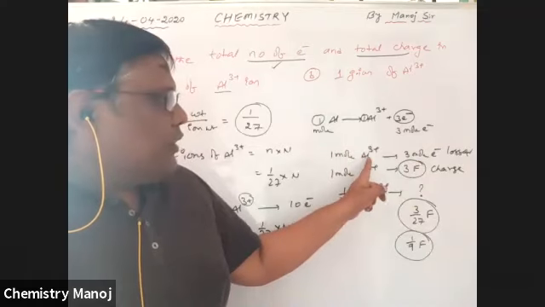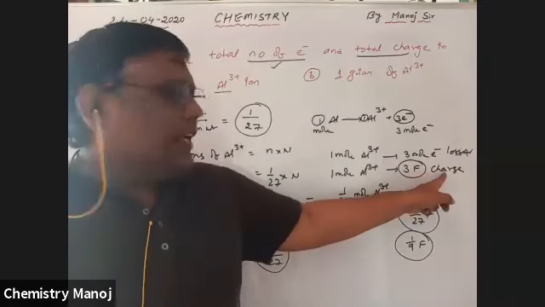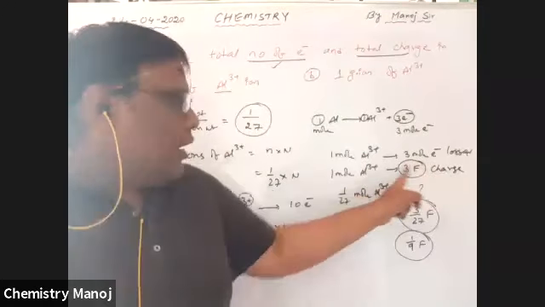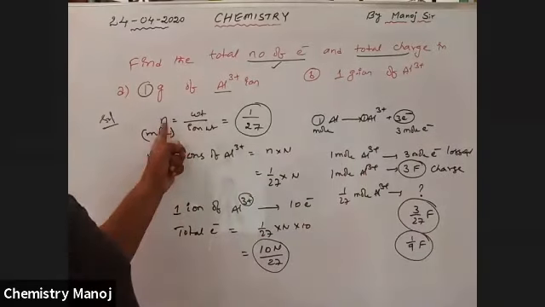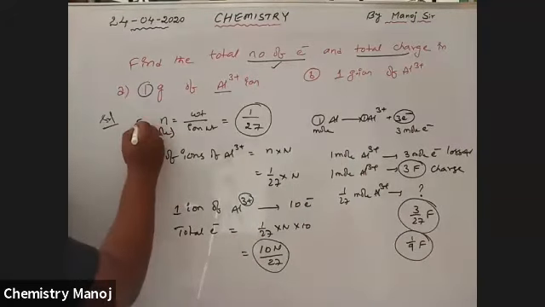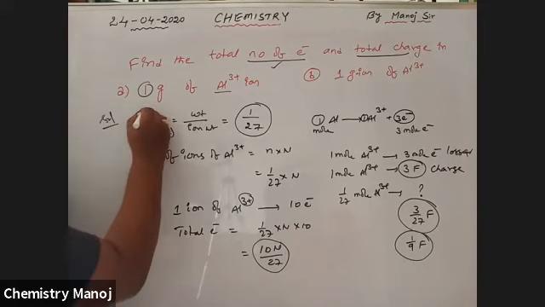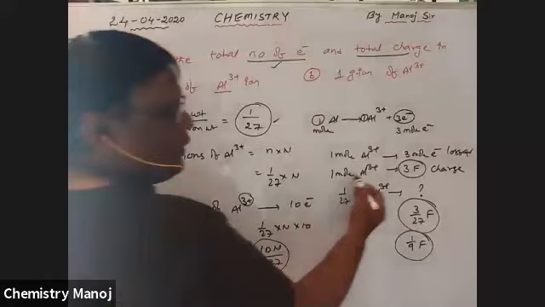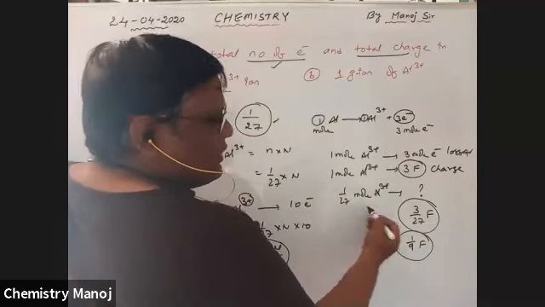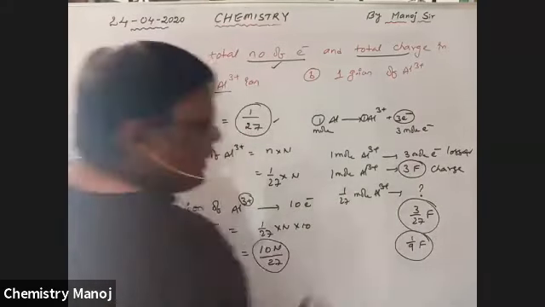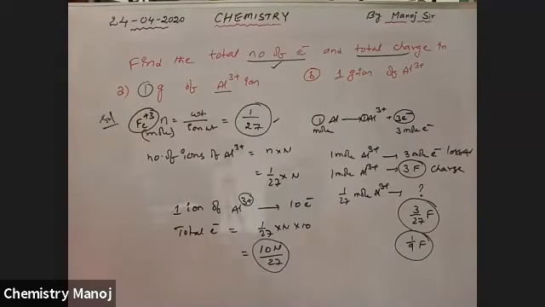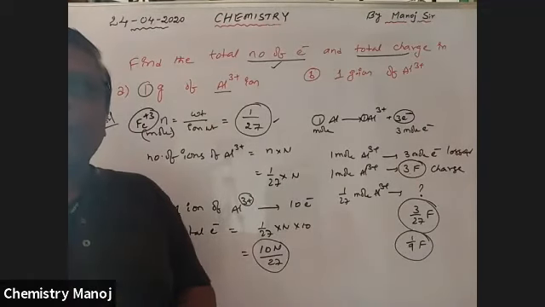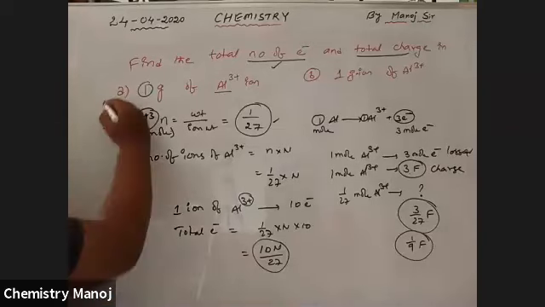That means 1 mole Al3+ has 3 Faraday charge. I already calculated the number of moles of Al3+, which is 1 by 27. 1 mole contains 3 Faraday charge, so 1 by 27 contains 1 by 9 Faraday. So now I completed A.